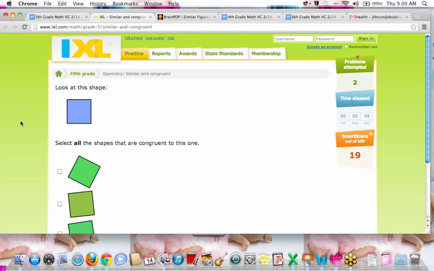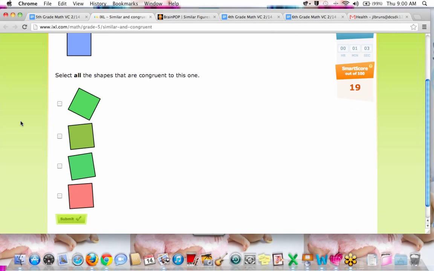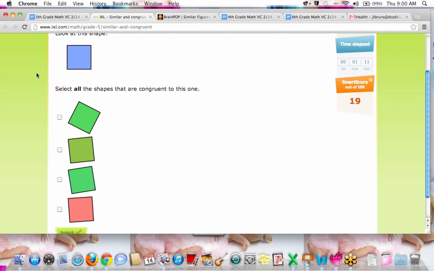Okay, now we're looking for exactly congruent. So which figures are exactly congruent to this blue square? Can you scroll up so I can see the blue square? Look closely. Remember, it does not matter which way they're kind of facing.